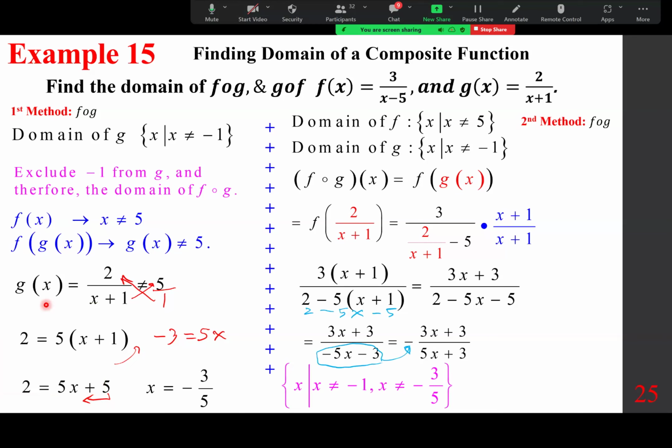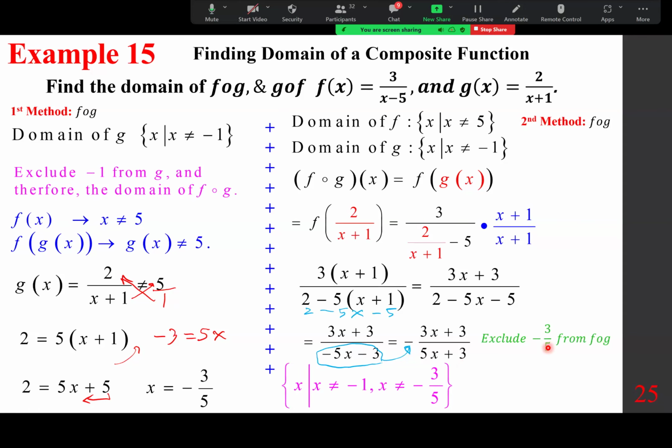Now, here's the second method. In the second method, we have to choose one of these. Which one? The inner function. You want f of g. g is the inner function. So you have to choose x can't be negative 1 from here. And also from the result, what is it that x cannot be? The denominator, 5x plus 3 equal to 0. x can't be negative 3 over 5.